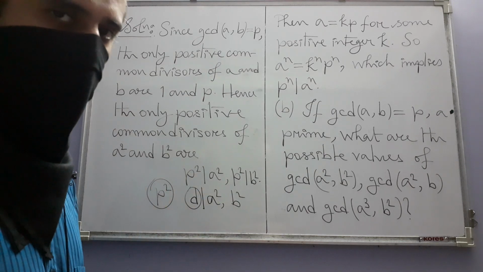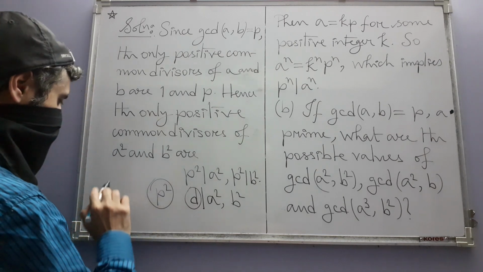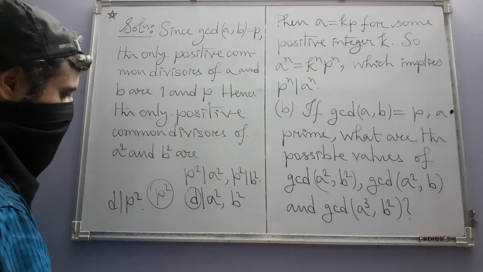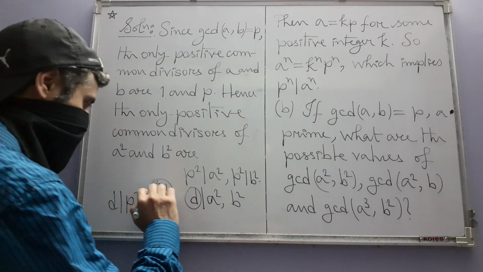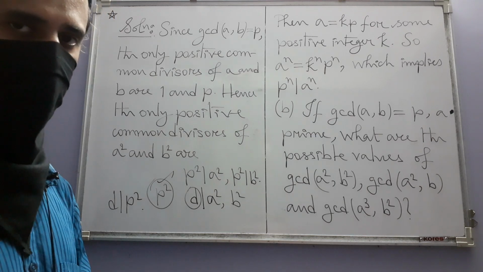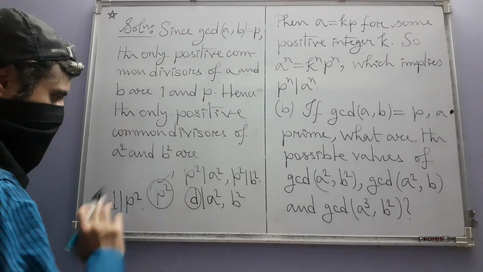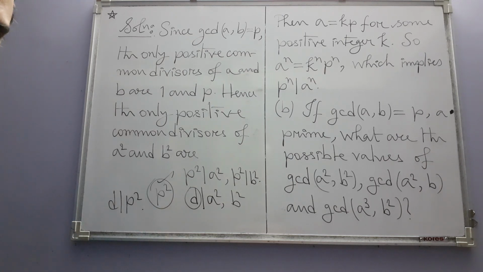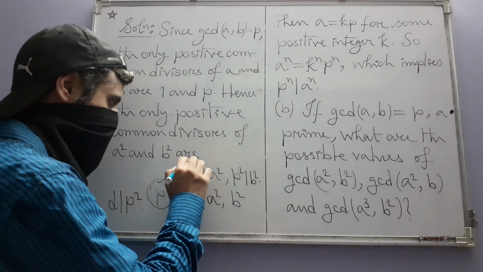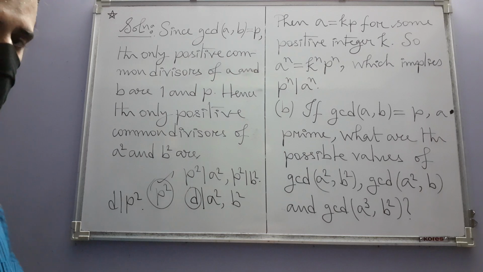If you are able to conclude somehow that d also divides p square, then by definition p square will be the GCD of a square and b square. Can you see how to do that?